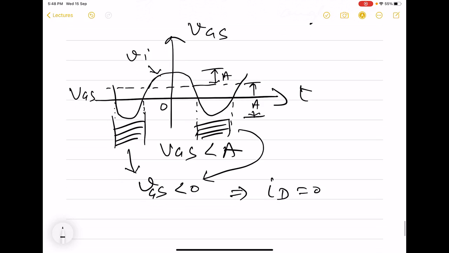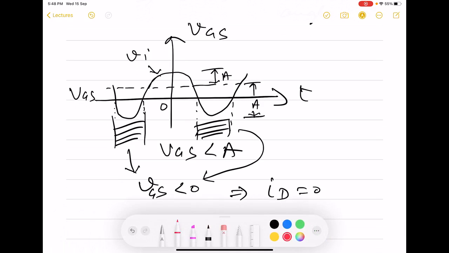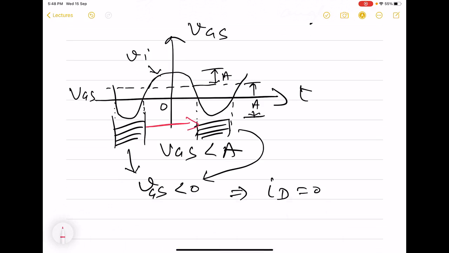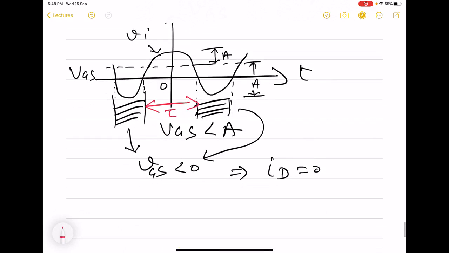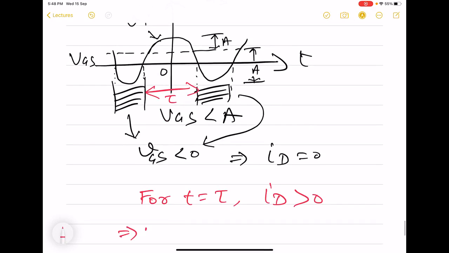That means only for this much portion, tau, ID is greater than 0. So we say that MOS conducts for tau duration.